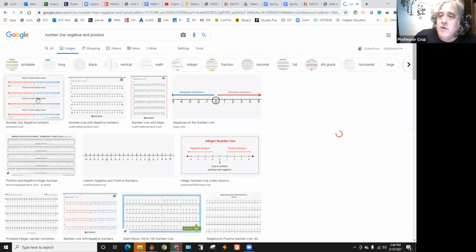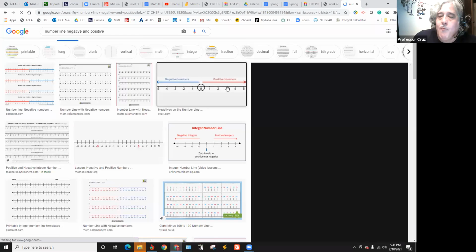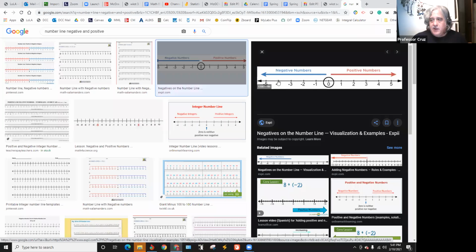So this right here is essentially a mirror image, the negative and the positive numbers around 0. So let's just say that if we take 4 and multiply it by a negative number, that puts us down here. So it flips things around. That's why we have to do it in order for it to still stay true.